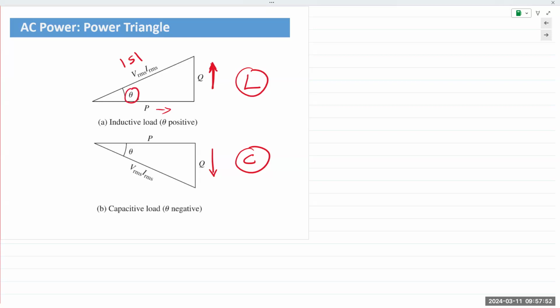The higher the reactive power requirement, the higher the angle, right? And so if you place a capacitor, what happens is, if your inductive power requirement is this much, QL, you can apply a capacitor and bring it down.